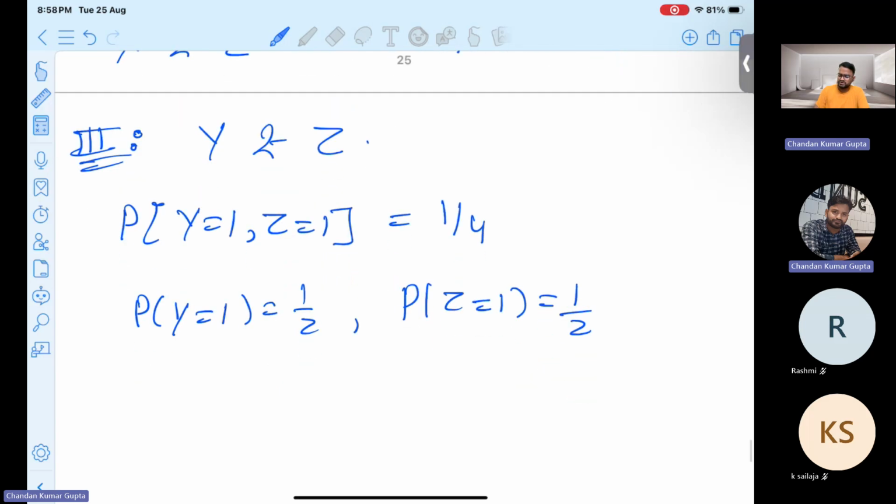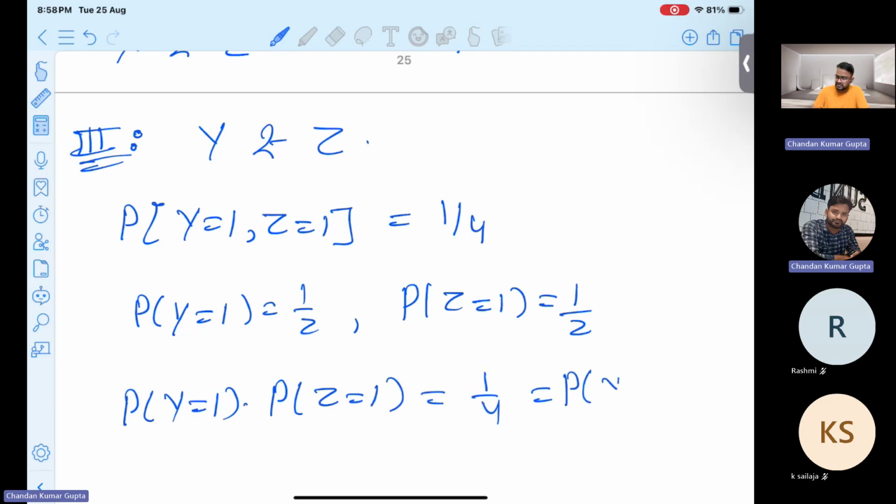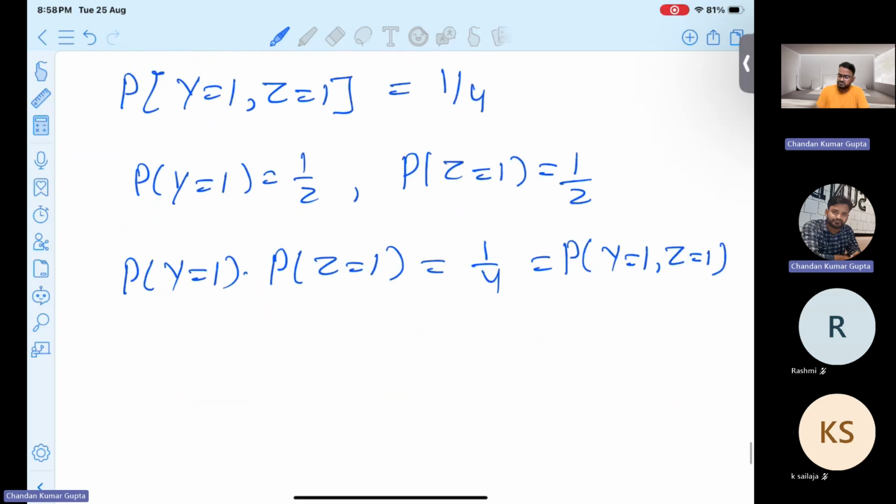So obviously, you can find that the probability that y equal to 1 into the probability that z equal to 1 equals 1 by 4, which is the probability that y equal to 1, z equal to 1. So that means y and z are independent.